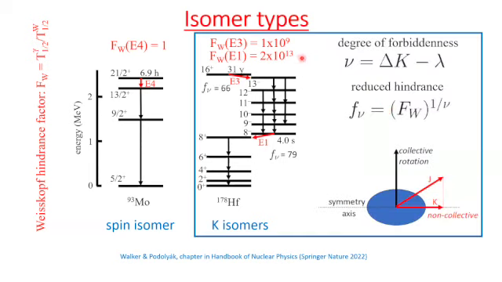I'll just say a little bit more about K isomers. So here's a depiction of the prolate-shaped nucleus, which has an axis of symmetry, and the projection of the angular momentum on the symmetry axis is conserved and called K. And it's possible to define a degree of forbiddenness, which is the change in K minus the angular momentum of the radiation.